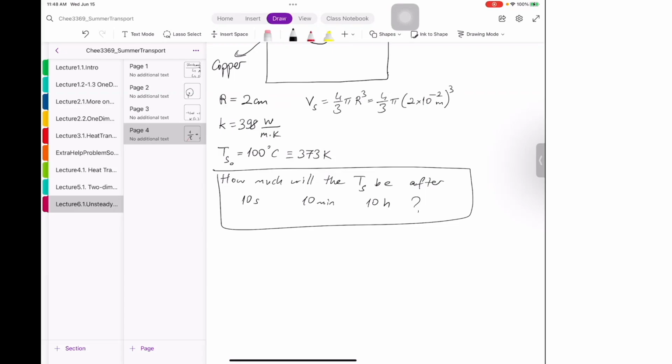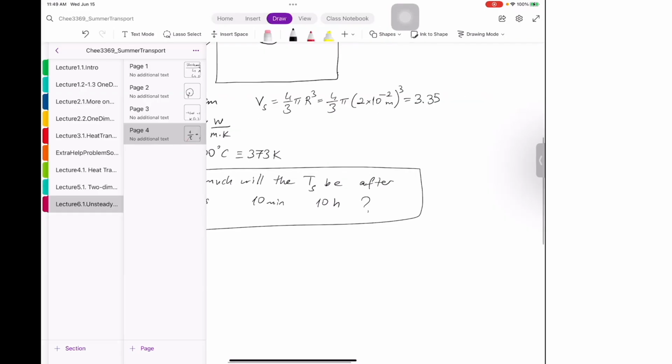Somebody who has a calculator can help me, I guess. This is 3.35 times 10 to minus 5 meters cubed.